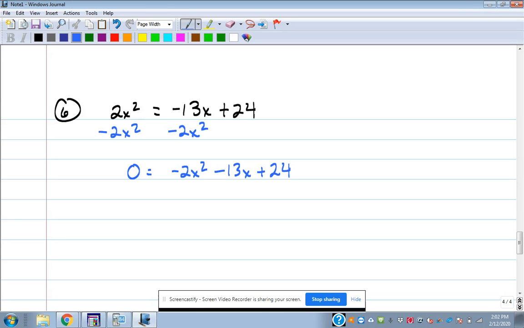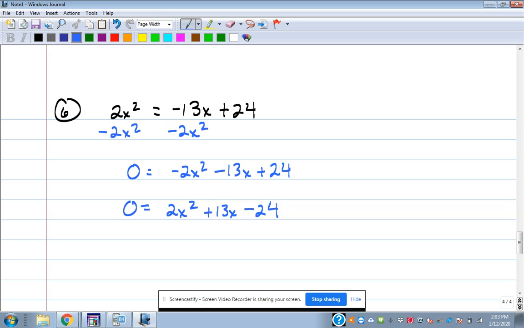And as long as I divide everybody by that, it's legal. So what does that do? It just changes the signs to be positive 2x squared plus 13x minus 24. Instead of negative signs, we got more positive signs now. That's legal to do just as long as you change everybody. If you change one, you got to change them all.